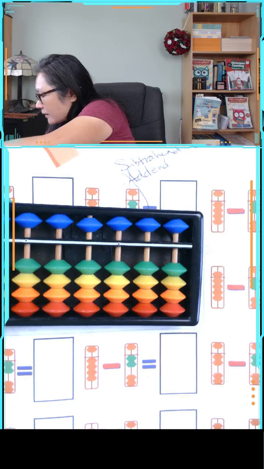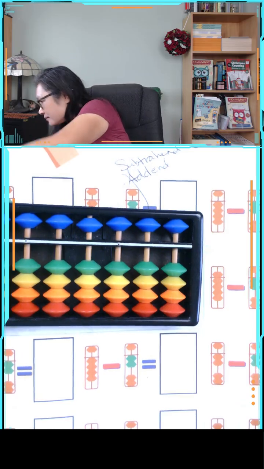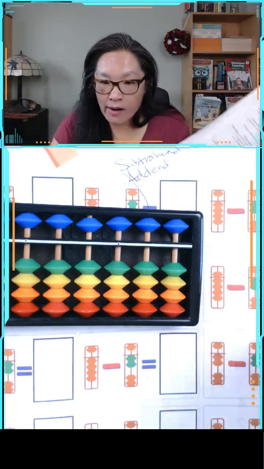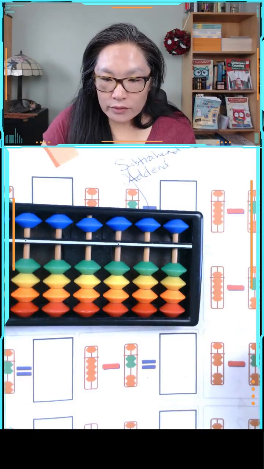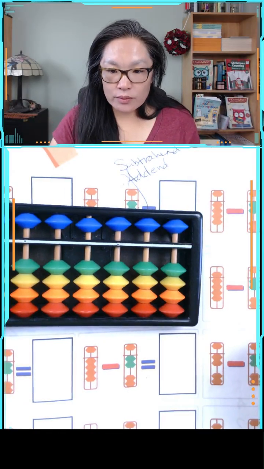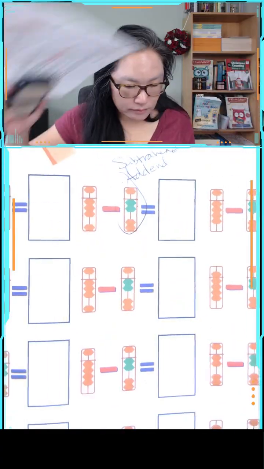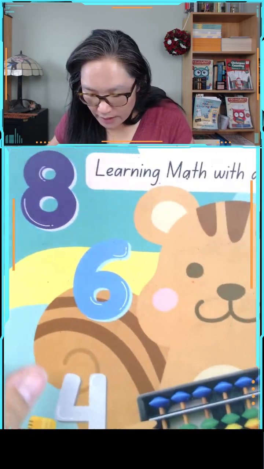Okay, hold on. Let me get my paper. Nope. There we go. Okay. We can do one now. Yes, we'll do one now. Let me clean up a little bit.